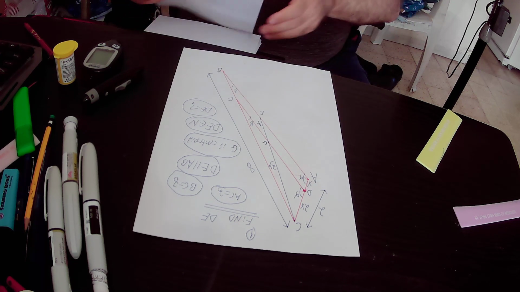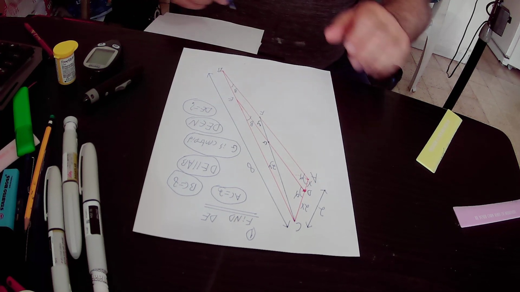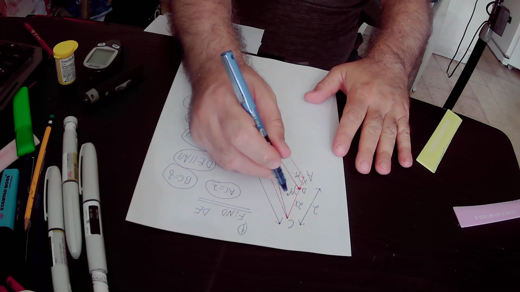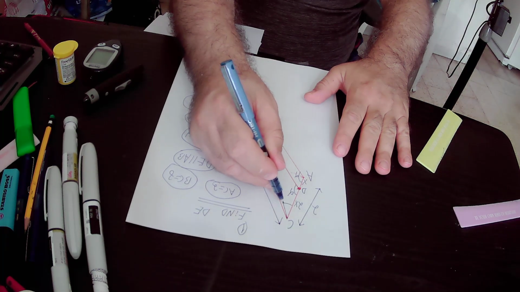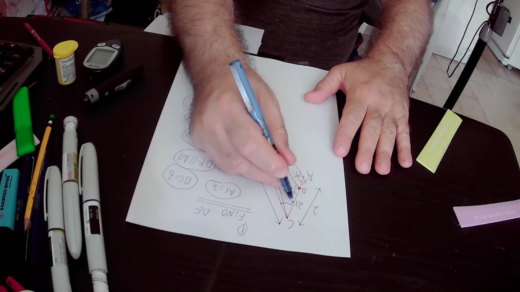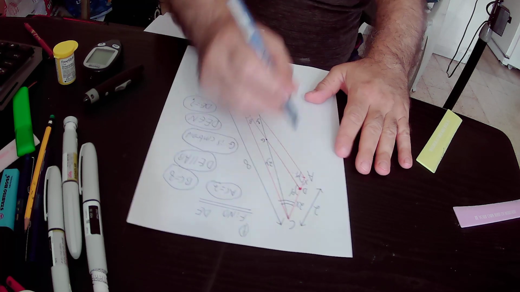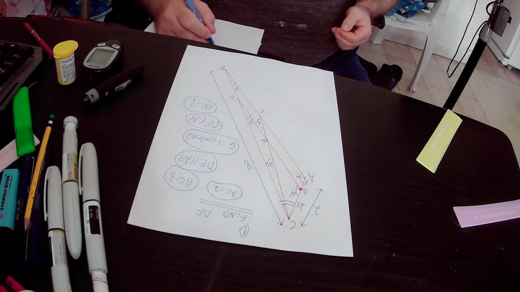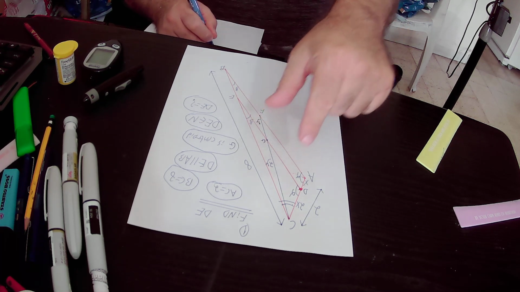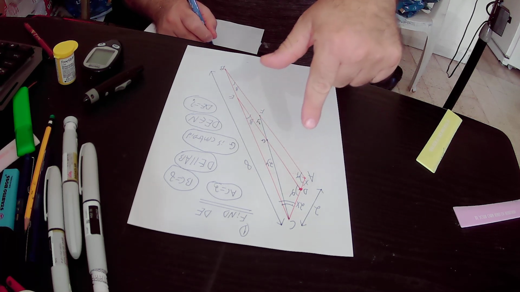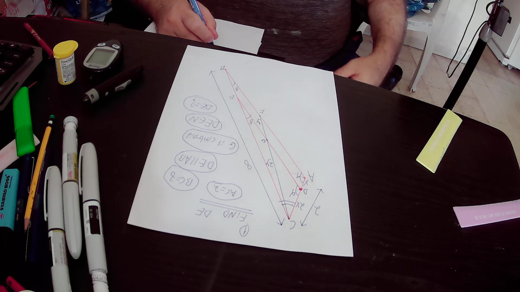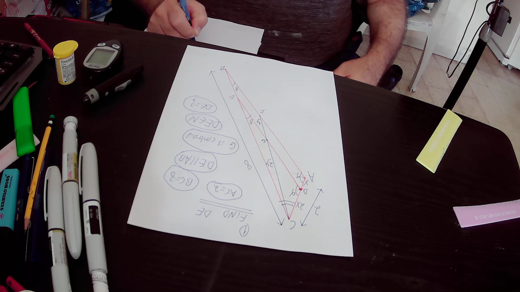And also we have this angle C, that is actually a common angle. It belongs to both triangles. Angle C belongs to triangle CDE, and angle C also belongs to triangle ABC. So angle C equals angle C.